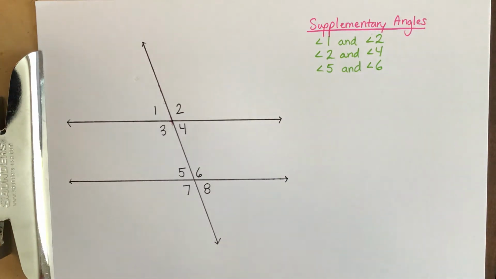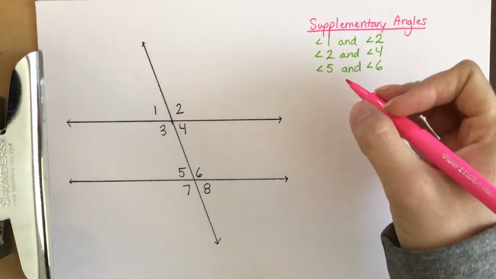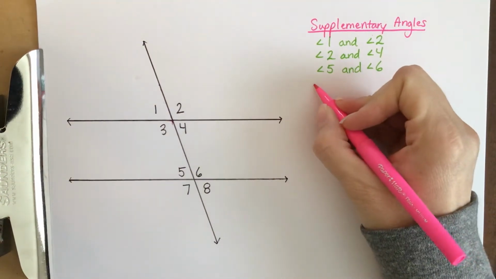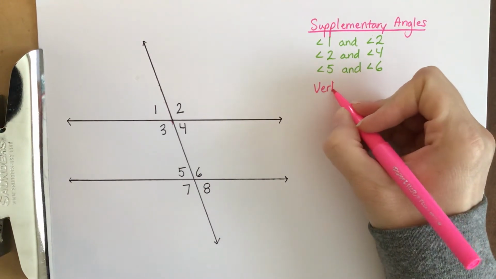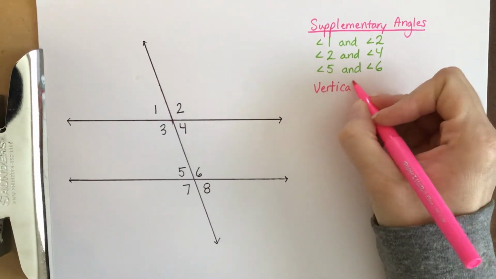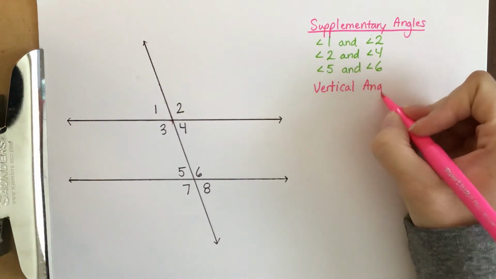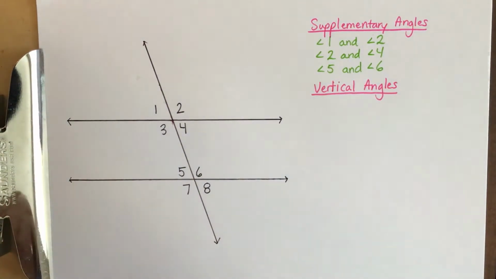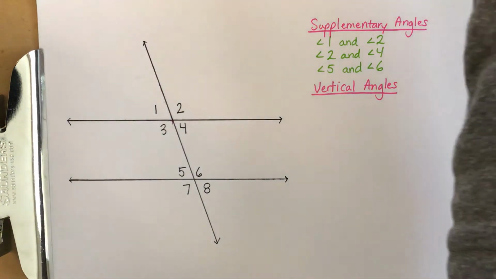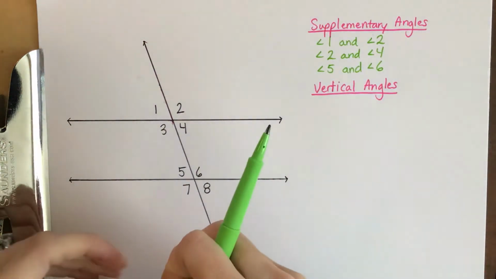Another type of angle that we learned earlier in the year is vertical angles. So let's list a few pairs of vertical angles. Remember, vertical angles are angles that are created by two intersecting lines and they're opposite each other.